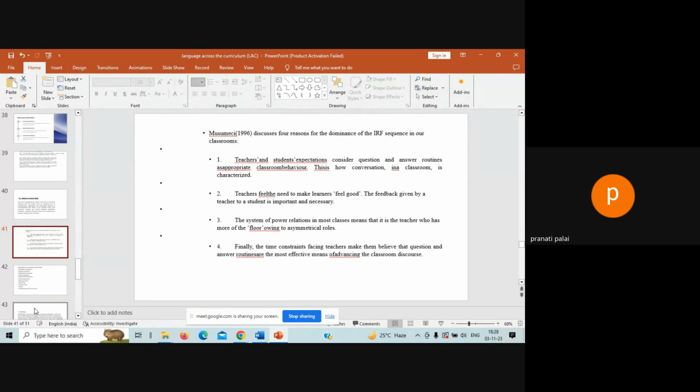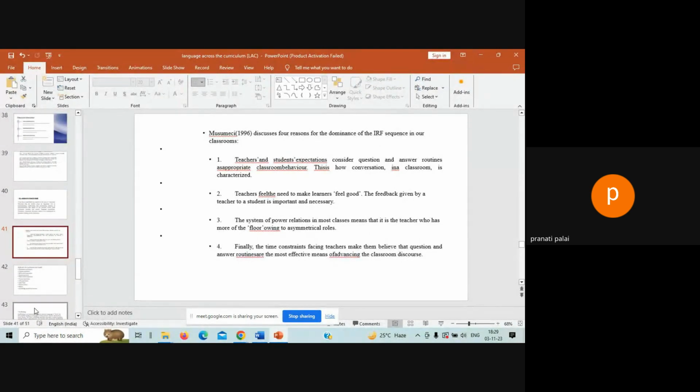Teachers feel the need to make learners feel good. The feedback given by a teacher to a student is important and necessary. The system of power relations in most classes means that it is the teacher who has more of the floor, owing to asymmetrical roles. Finally, the time constraints facing teachers make them believe that question and answer routines are the most effective means of advancing the classroom discourse.